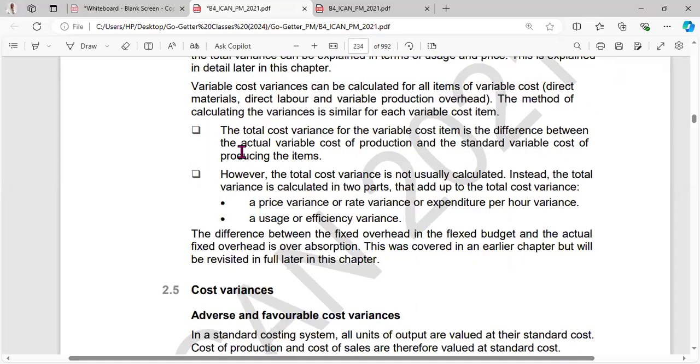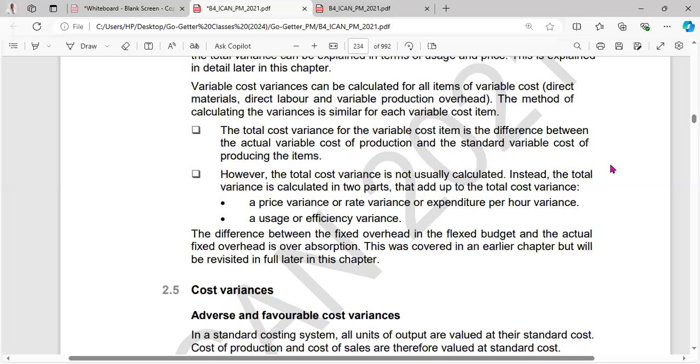So the total cost variance for the variable cost is the difference between the actual and the standard. However, the total cost variance is not usually calculated.